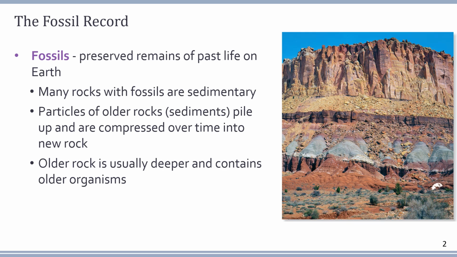Fossils can also be dated using radioisotopes, such as carbon-14. If you are interested in that, there's a section in the textbook on carbon dating using radioisotopes to date some of our older fossils.